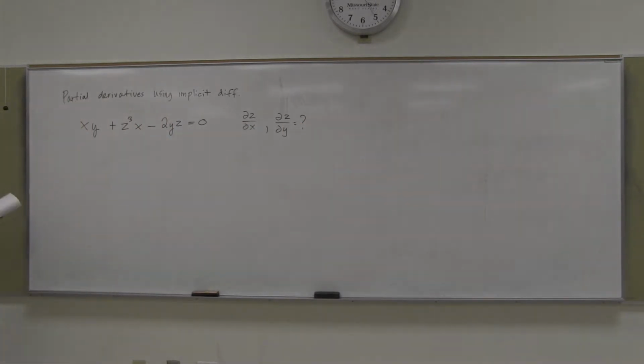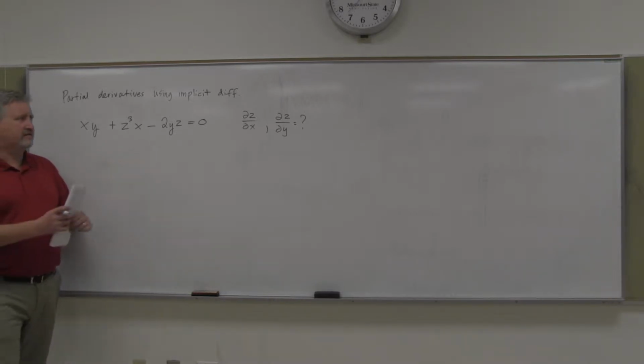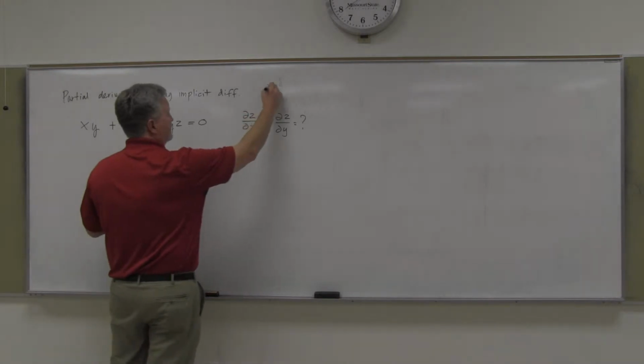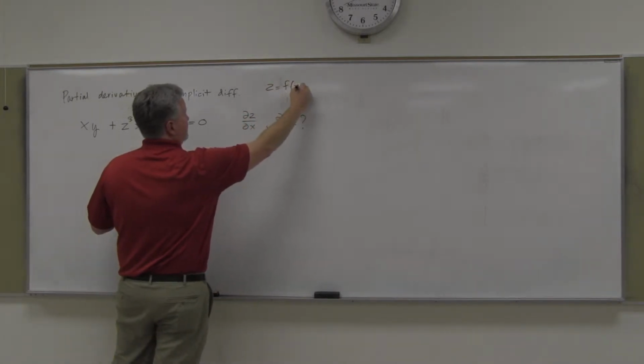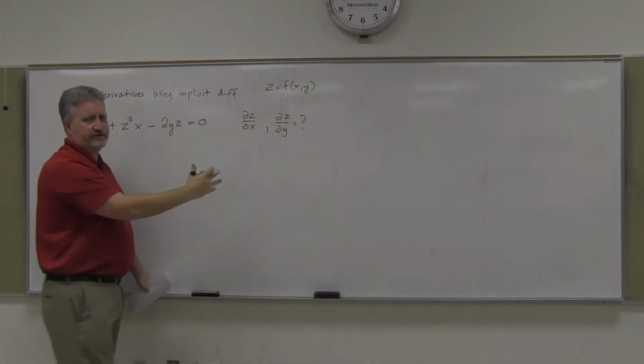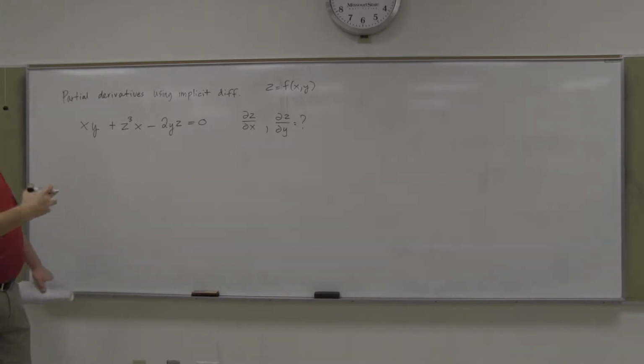We're not going to be able to do it quite the way we talked about last time, because we don't have z equals a function of x and y. Finding those partials when it's that way is fairly simple. You hold one constant and then the other.